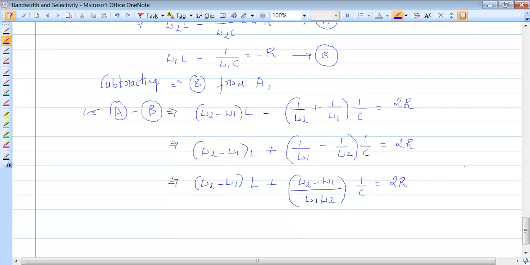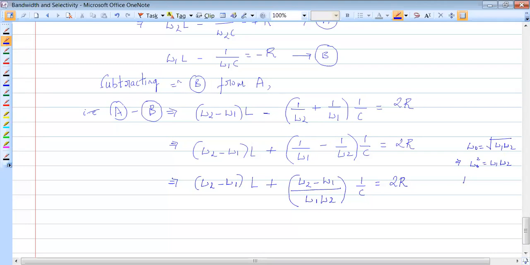You should always remember whatever equations we have derived till now. Omega naught is the square root of omega 1 omega 2, so omega naught square is equal to omega 1 omega 2, right?